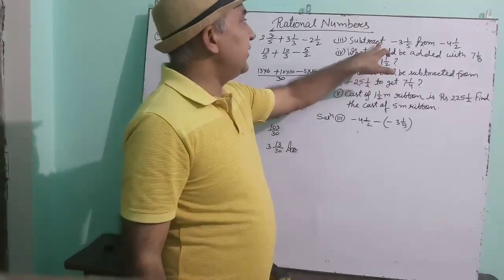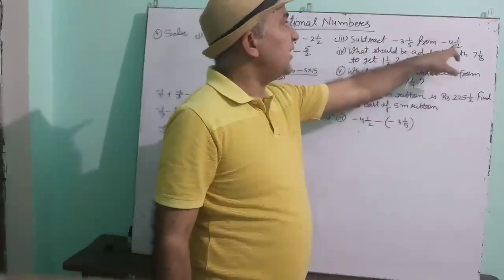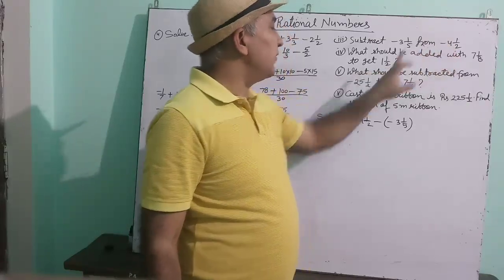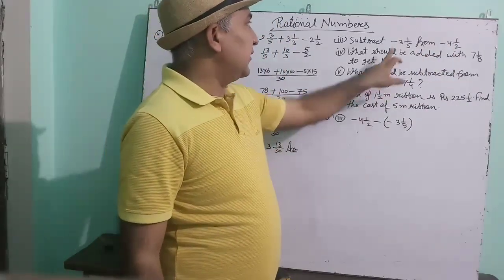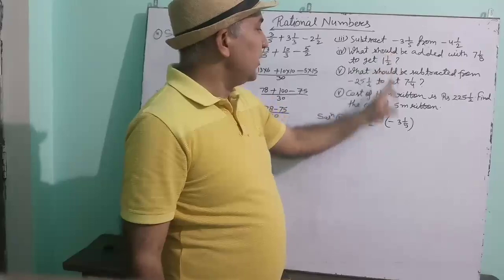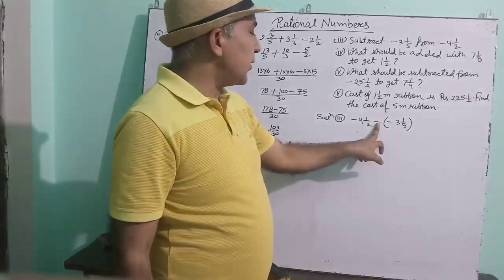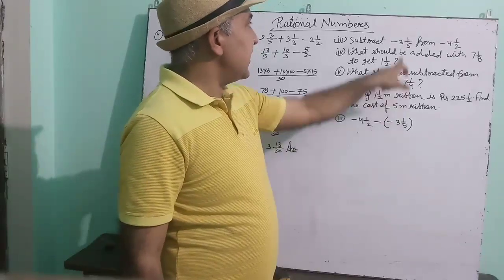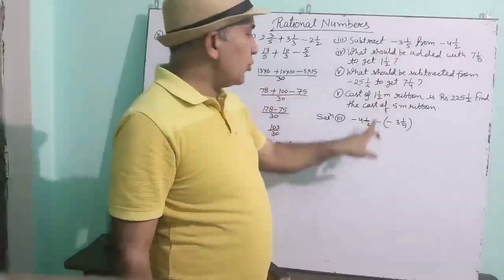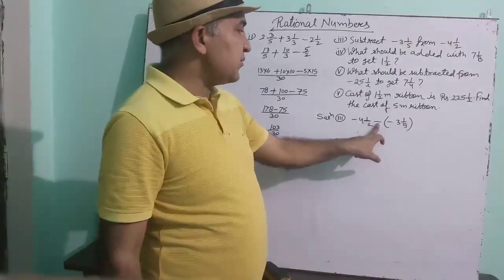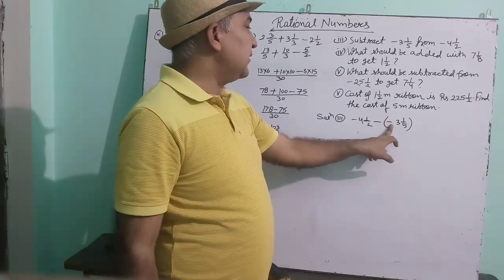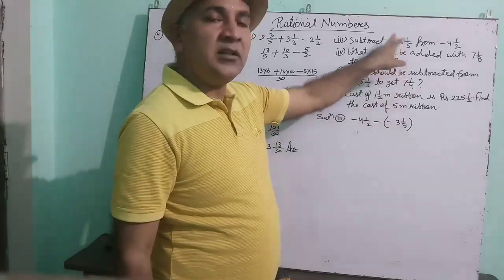If you have been given to subtract a number from the given number, then this number will be written first. And the number which is coming before 'from' will be written later. Okay. And this minus sign is for subtraction and this minus sign is given in the question. So don't get confused here. This minus is for subtraction and this minus was already present in the question.